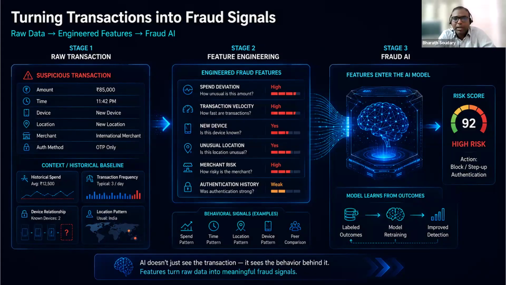Possible action: it will block the transaction, or give a step-up authentication, or it would be investigated. The key statement for this slide is, feature engineering transforms simple transaction fields into behavior signals that AI can use to identify suspicious patterns.